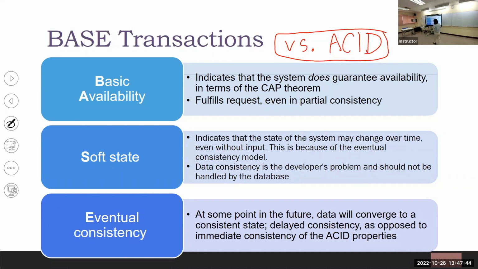But with NoSQL, they want to always propose something opposite. And that is why we have what is called the BASE transaction model instead of ACID, which stands for basically available, soft state, and eventual consistency.